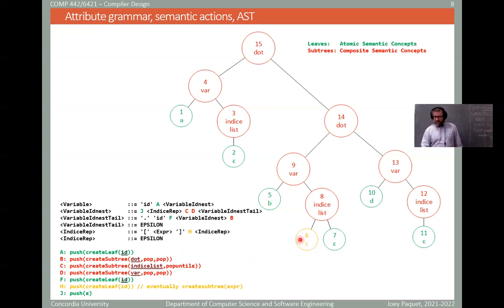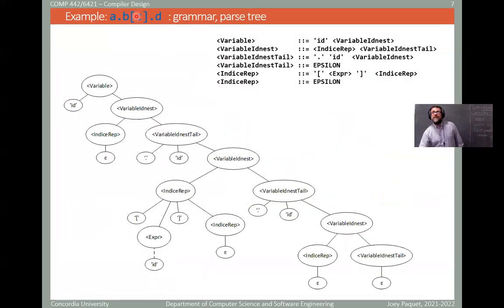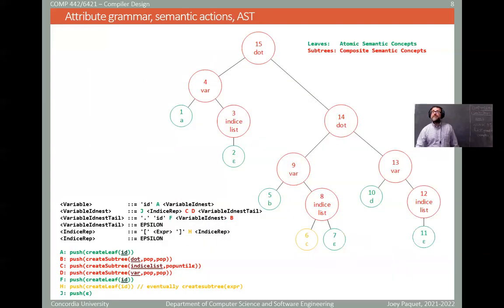Which is what I have in my parsing sequence, the sequence of tokens that I'm parsing. So I have atomic concepts for the ID that is before the dot, the ID that is after the dot, and then the ID that is inside of my square brackets, which represents the index of a certain ID, if it is an array.